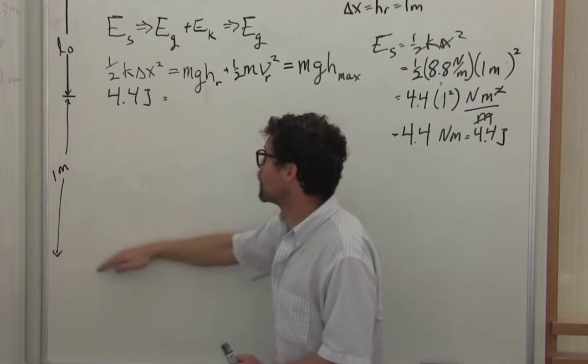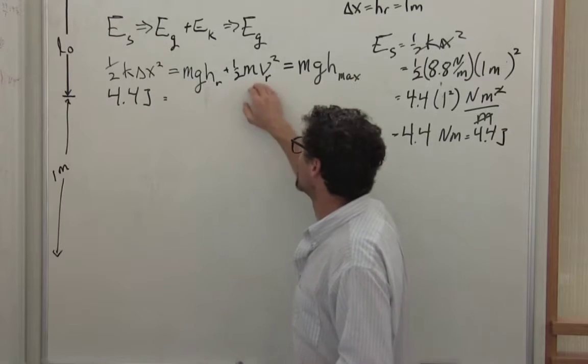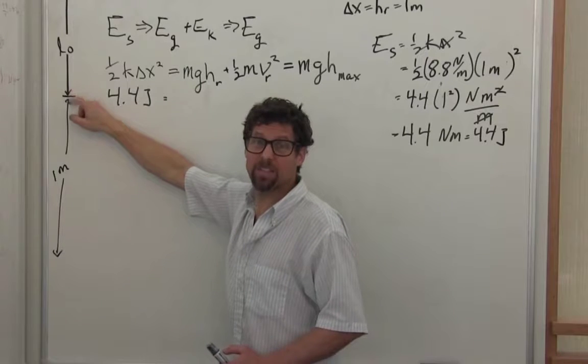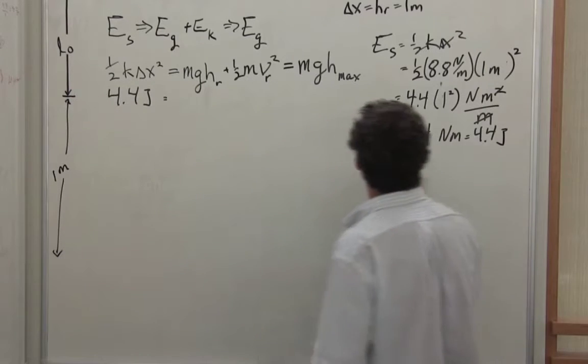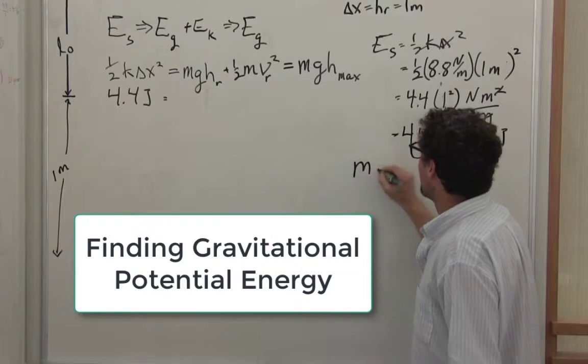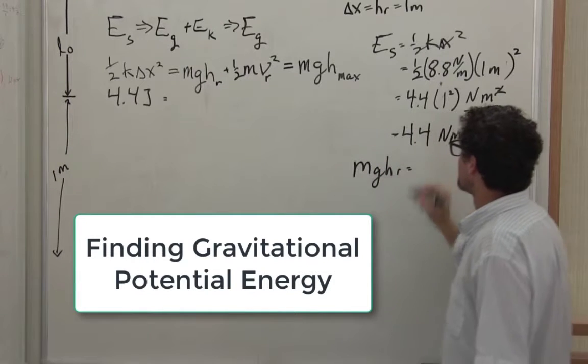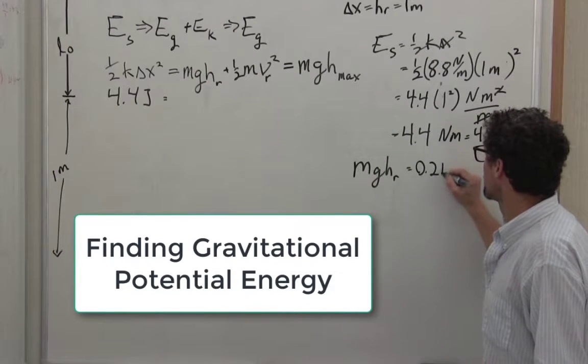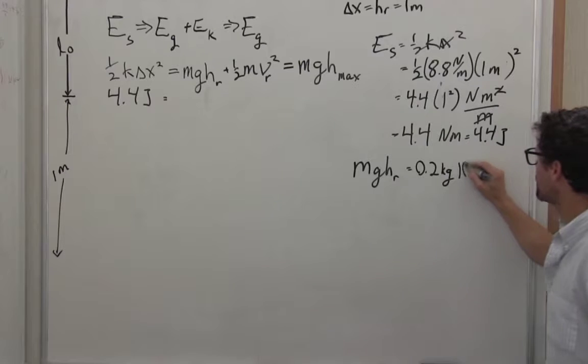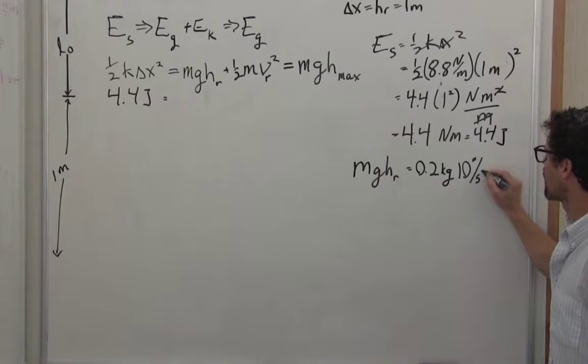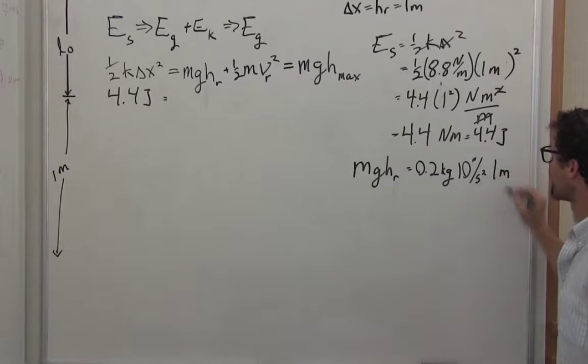Now that's turned into gravitational potential energy plus the kinetic energy of how fast the mass is moving here. So we can find that mgh relaxation is 0.2 kilograms times 10 meters per second squared times 1 meter.